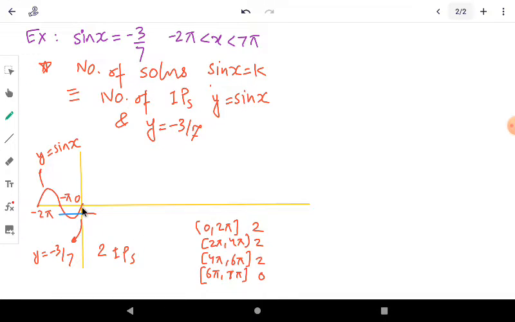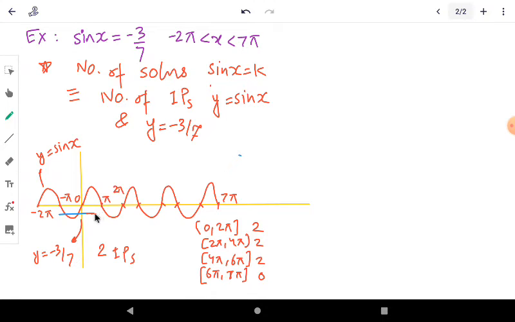So if I draw it like this, guys, this is 0 to 2 pi, then 2 pi to 4 pi, and so on: pi, 2 pi, 3 pi, 4 pi, 5 pi, 6 pi, and 7 pi.